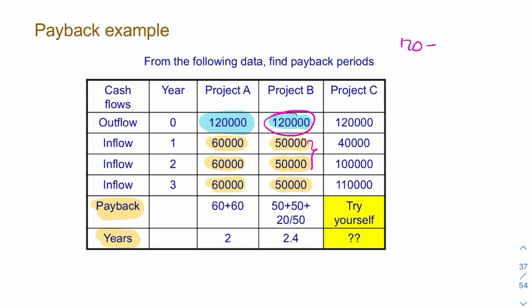So 120 minus 100, that's my £20,000. What fraction of 50? Because that year will bring in £50,000. That's the fraction of the year, which is 0.4 of a year. So my payback period will be 2.4 years. So simply comparing project A and project B, I would accept project A and reject project B simply based on the payback period, that this pays me back sooner than the second project.